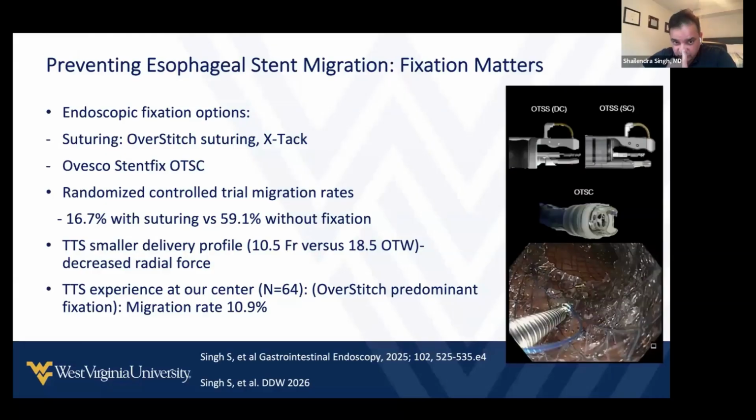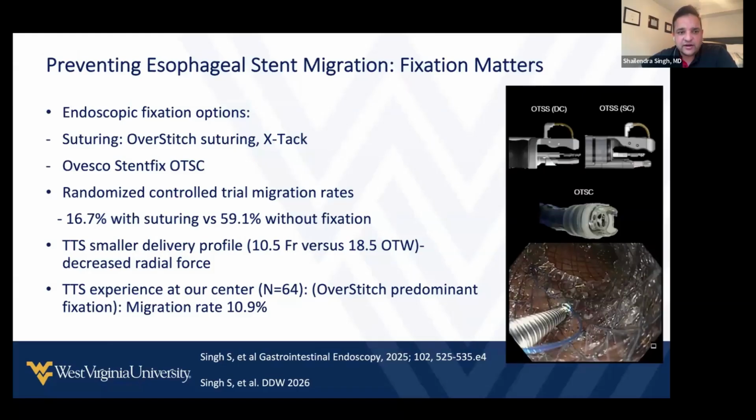So one of the things we talked about is stent migration, and I think that's one of the most common complications. But we now have OverStitch endoscopic suturing, X-Tack, and the Vasco stent fixation used. So we recently performed a randomized controlled trial, and to our surprise, in the control arm where these esophageal stents were placed without any fixation, the migration rates were up to 60%.